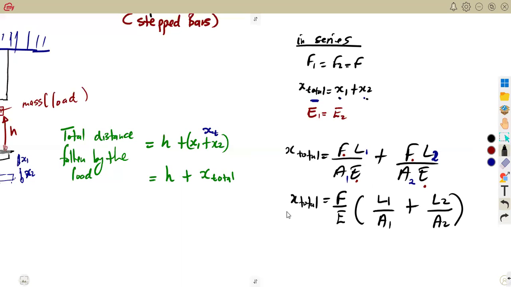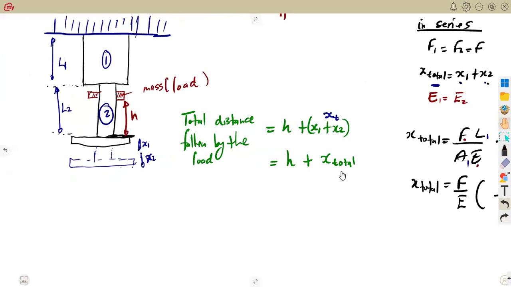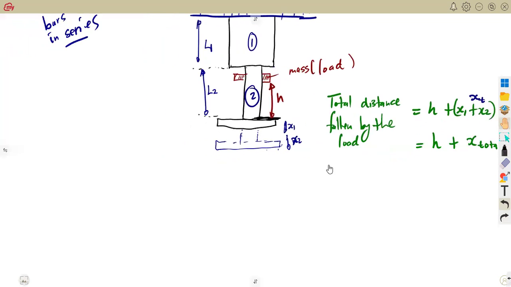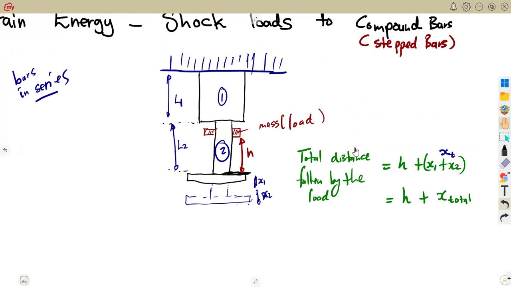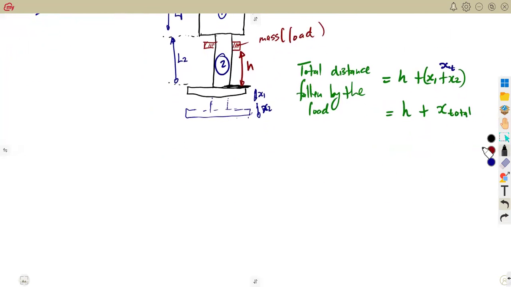So with this, let's go back now to what we had before. Remember I said previously in our previous class, when we're dealing with these shock loads, this whole issue of the shock loads is on the energy, the potential energy. It's all from the energy. That is where the formulas are.